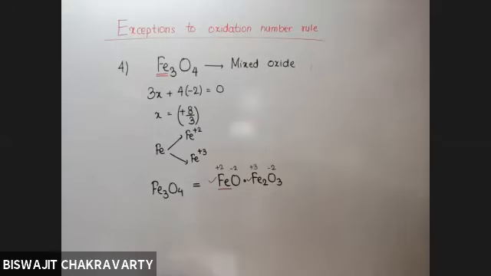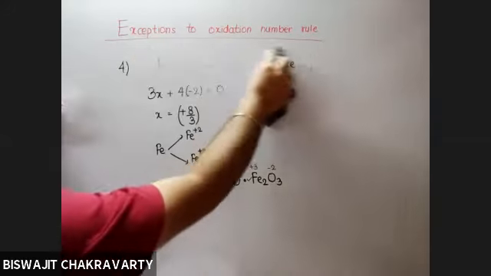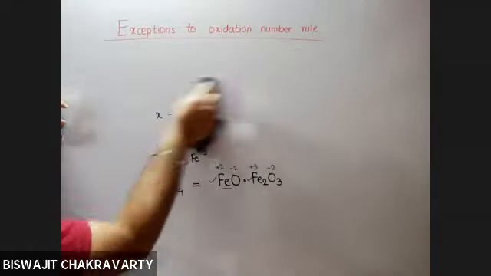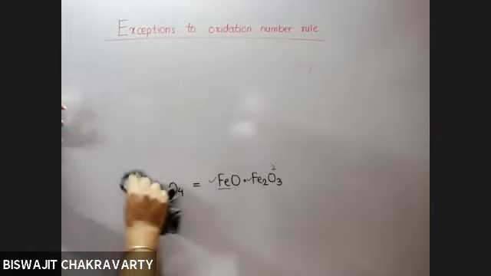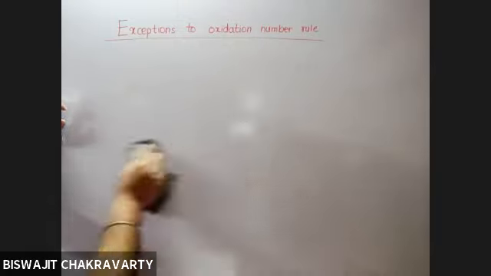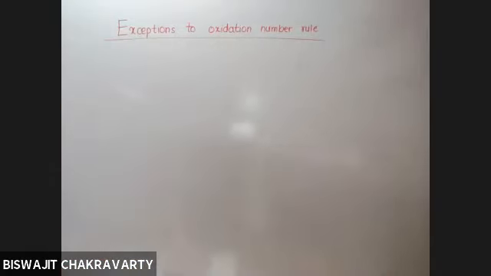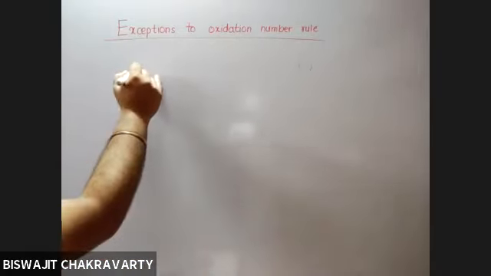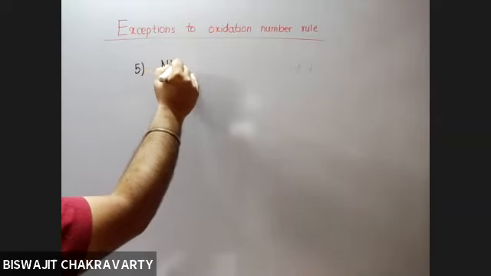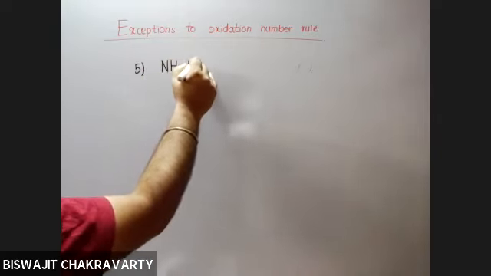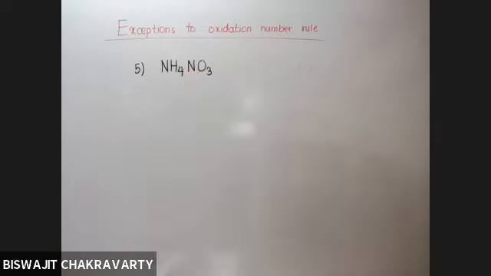Now let us move on to another such example. Suppose you are given NH4NO3, ammonium nitrate. How many nitrogens are you able to see? There are 2 nitrogens.